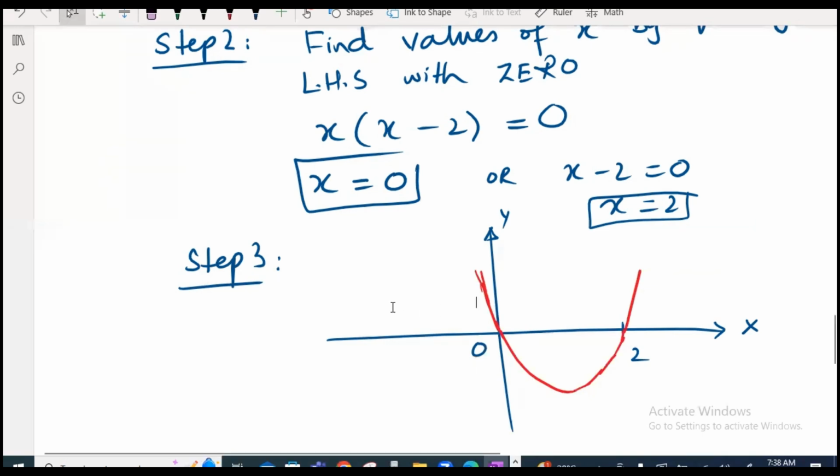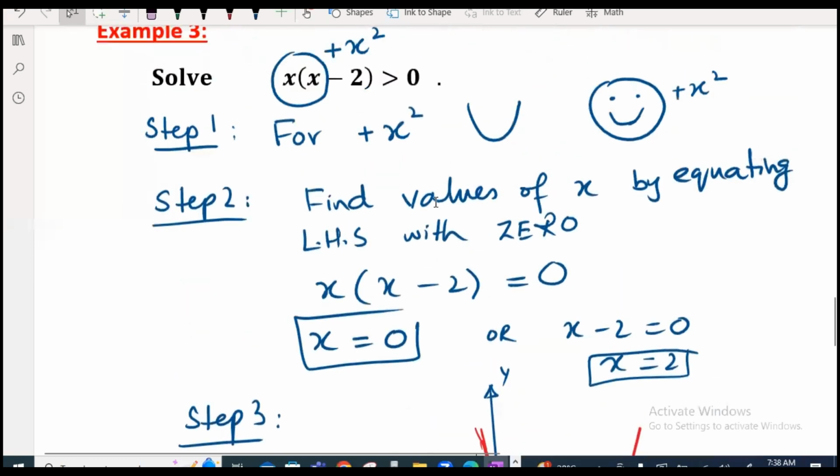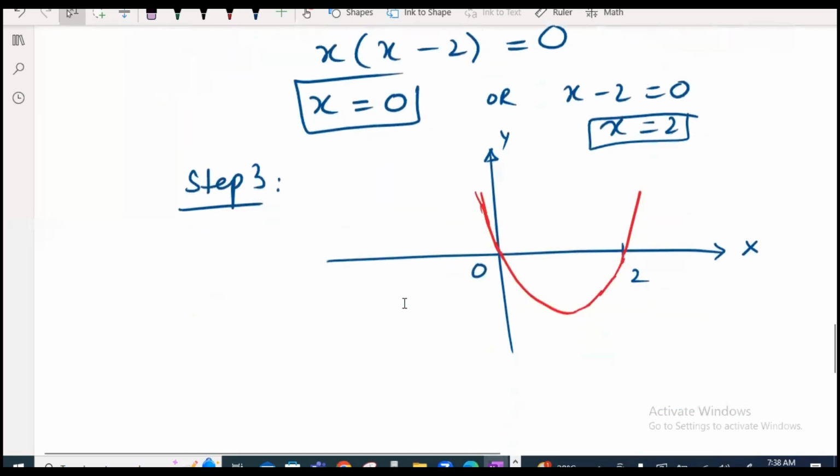And if there is a greater than sign, you have to shade the region above the x-axis and outside the curve.